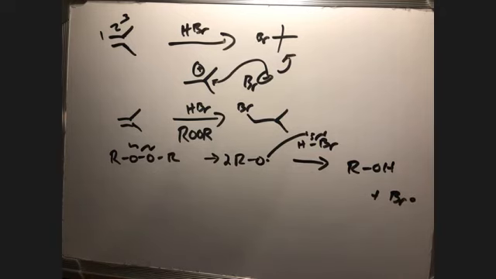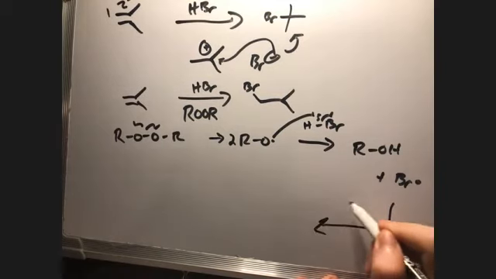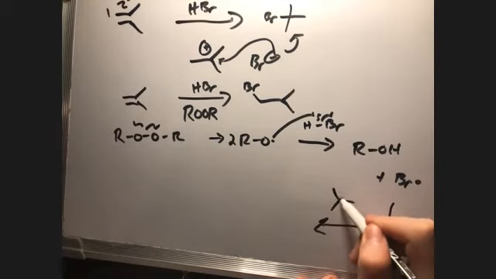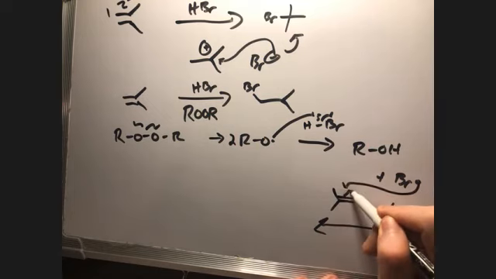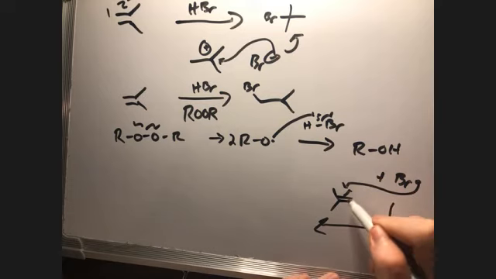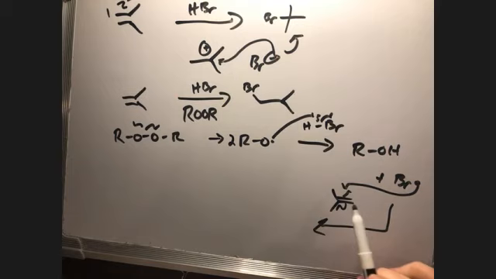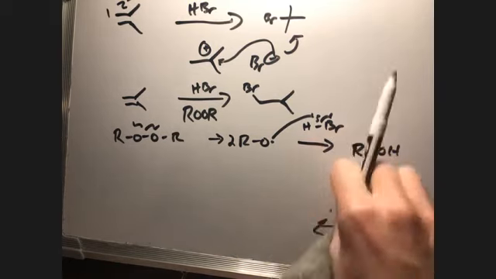And then the bromine radical can react with this position. It reacts here. So you have to think about this. So if this is going to bond to the double bond, this is not how it would go.